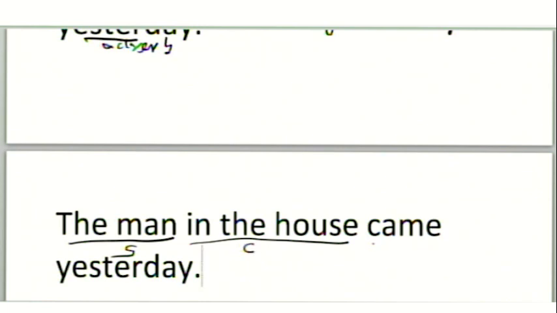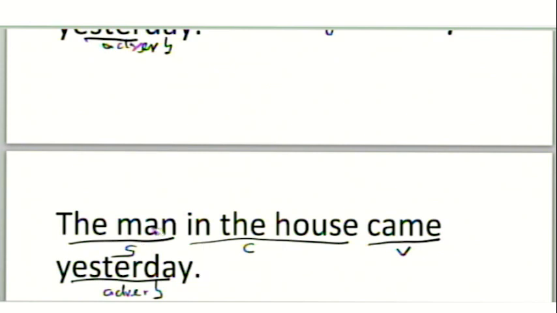And then we have a verb, which is came, and then yesterday, which is an adverb. So you see that in the clause, you have a subject, you have an adjective or complement, you have a verb, and then you have an adverb. These are the elements that make up a clause.